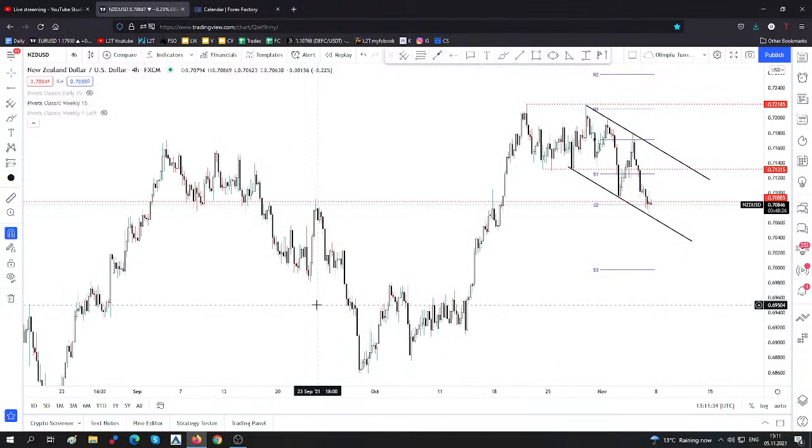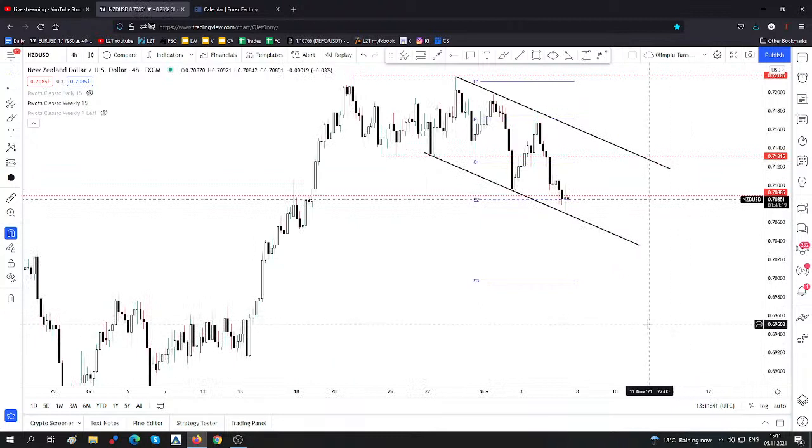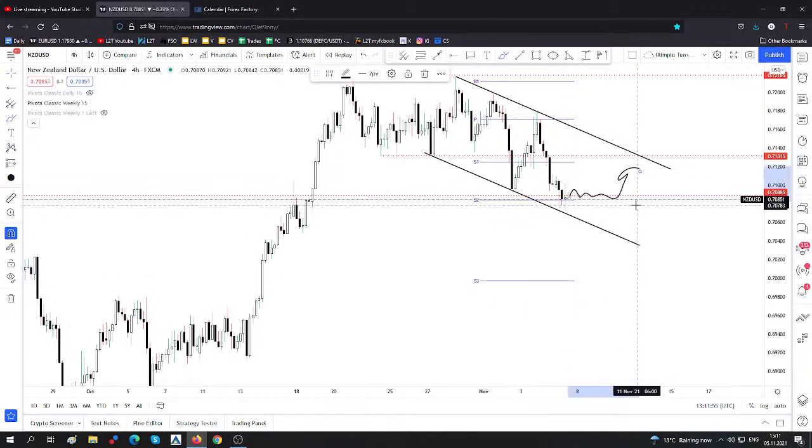We'll see. Stabilizing below 0.7088, below S2, could signal a potential drop here, and only staying above it could bring the price higher.